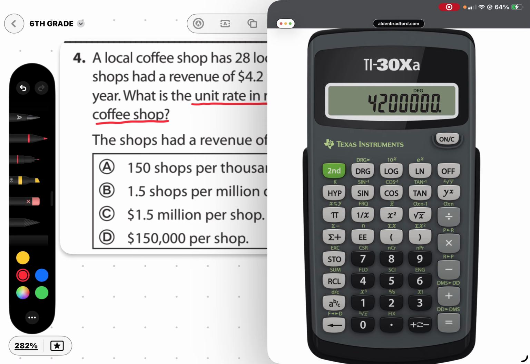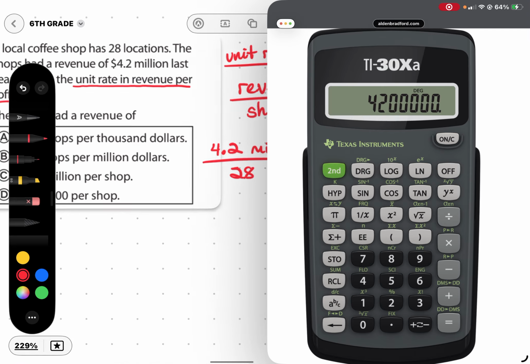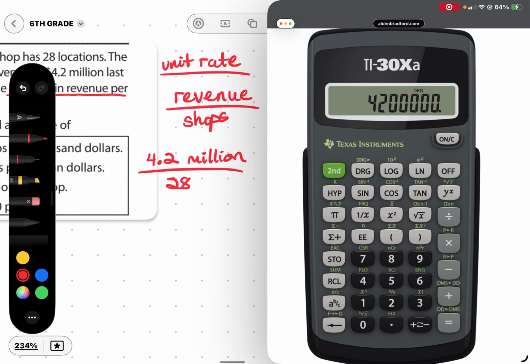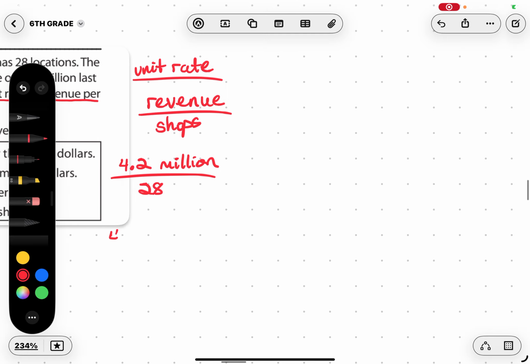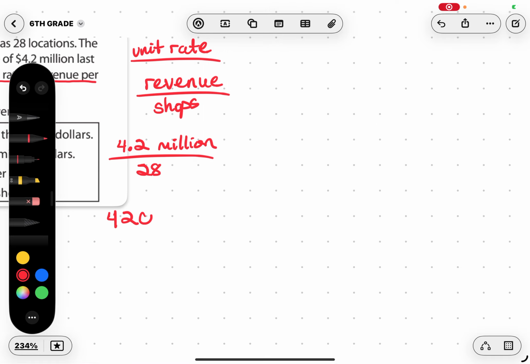So there's our number that we need to write down for that. So really, we're going to change this number to 4, 2, and then how many zeros after the 2? 1, 2, 3, 4, 5 zeros. And then divided by 28.